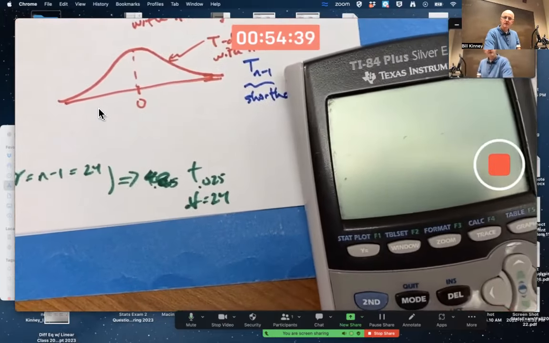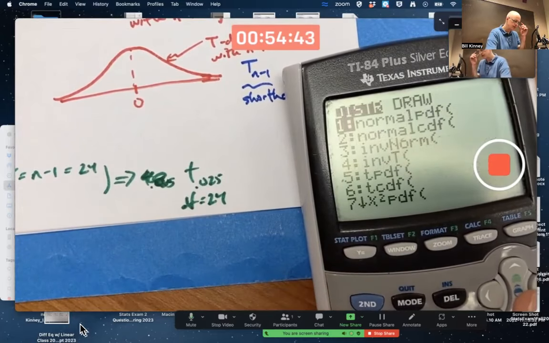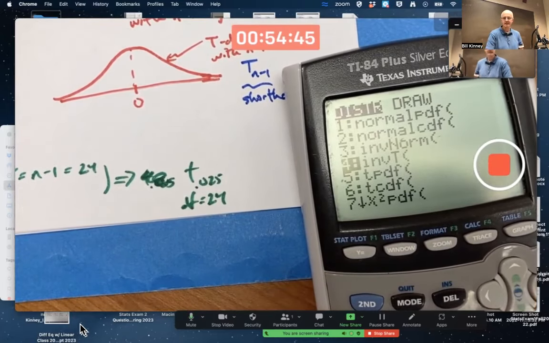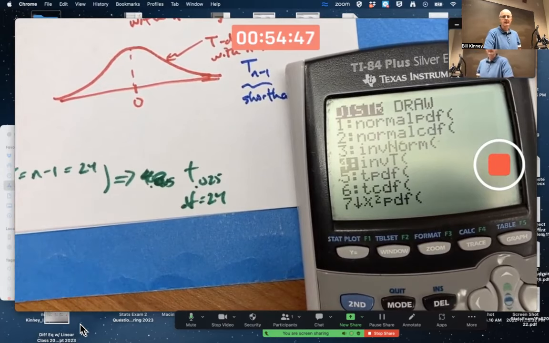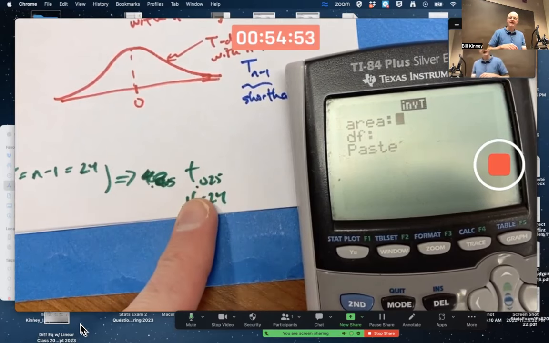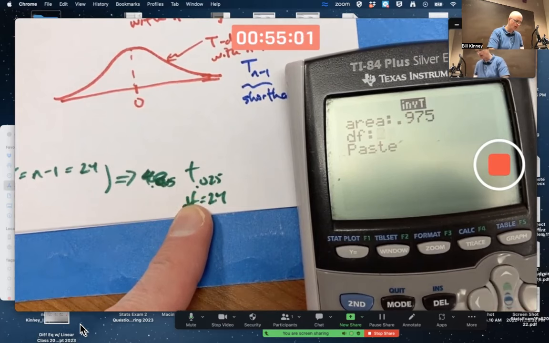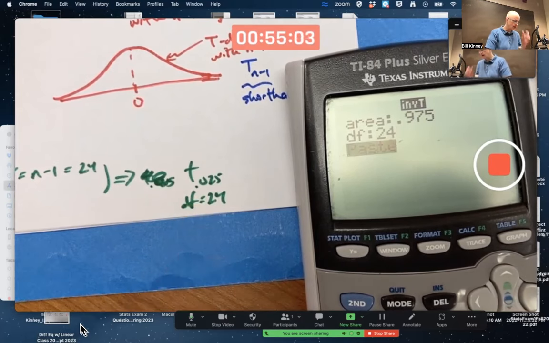Can your calculator do that? Yep. Go to the distribution menu, look for inv t. The 0.025 is an area to the right, so we want an area to the left of 0.975. DF is 24. What should this number be?